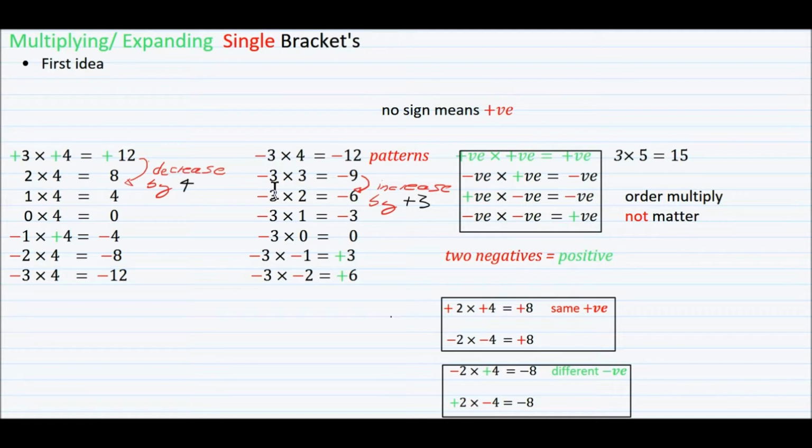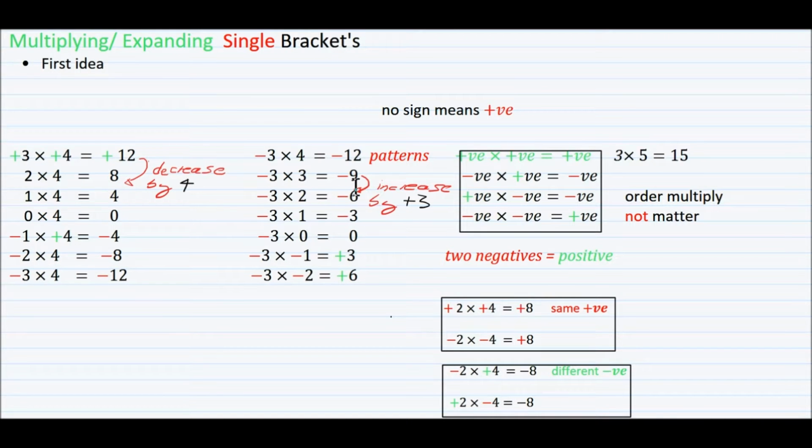The next one, we know the number is going to be negative because the pattern is the same. So it's going to be minus 9. And minus 3 times 2 is minus 6. We see the number is actually increasing by 3. So if I have minus 12 and I add 3, I get minus 9.